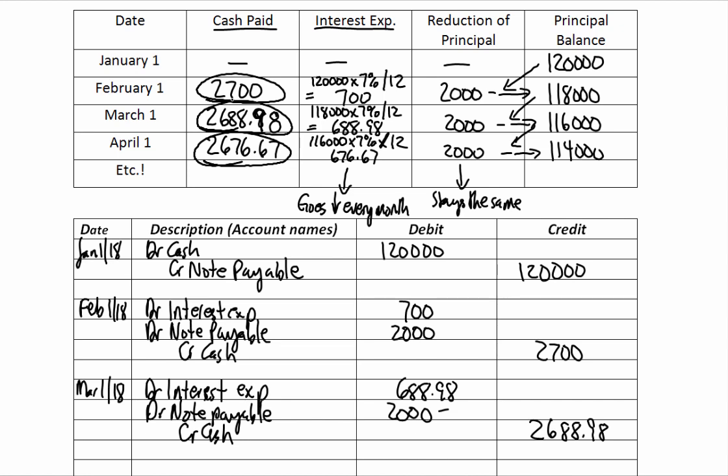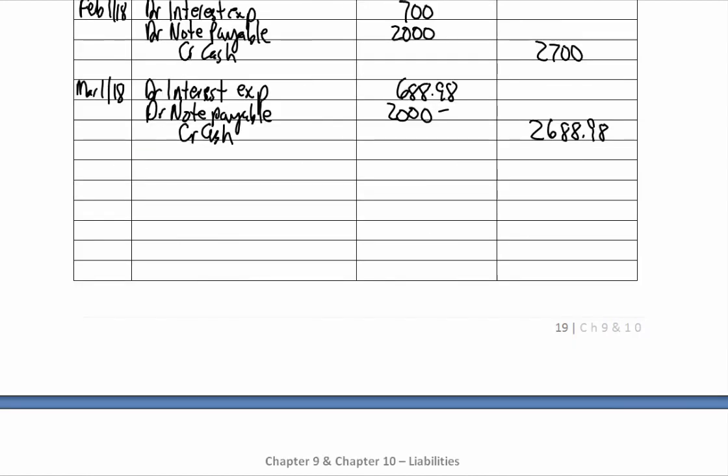Let's do that last entry. On April 1st, 2018, that would be a debit to the interest expense, a debit to the note payable because I owe less moving forward, and a credit to cash because I'm going to give the bank money.